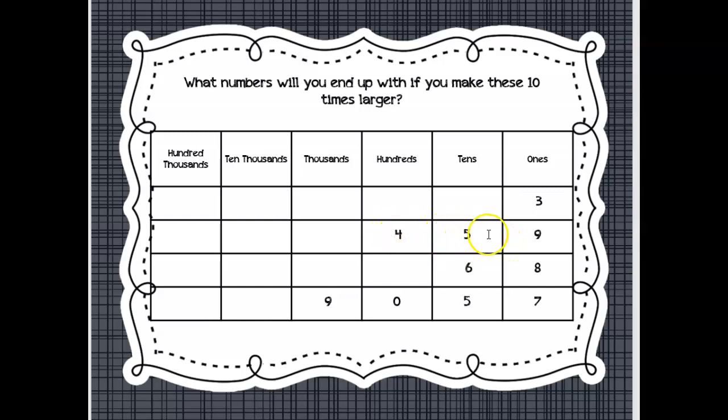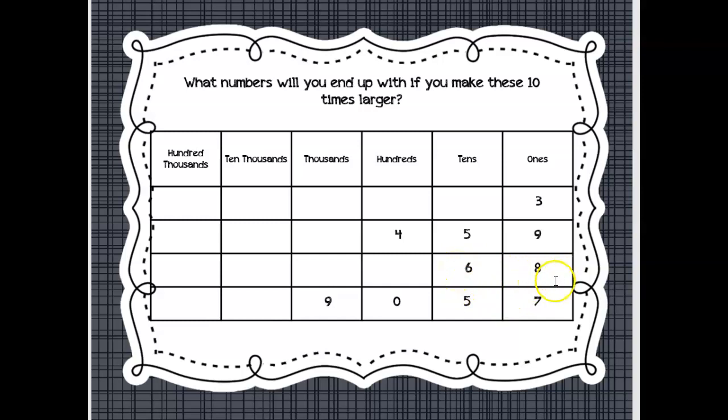And then this number, we have 459. If we go one place to the left and make it 10 times larger, 459 times 10 is going to be 4,590.